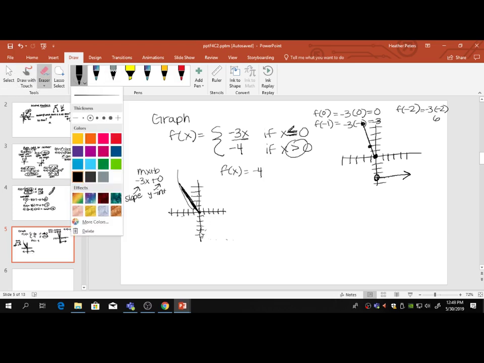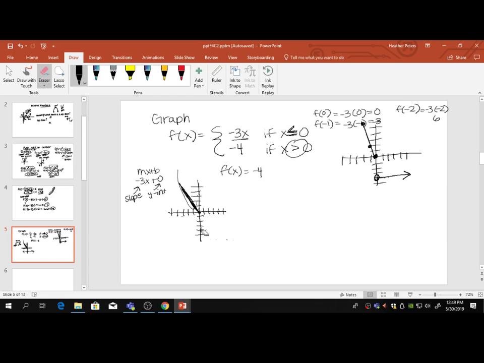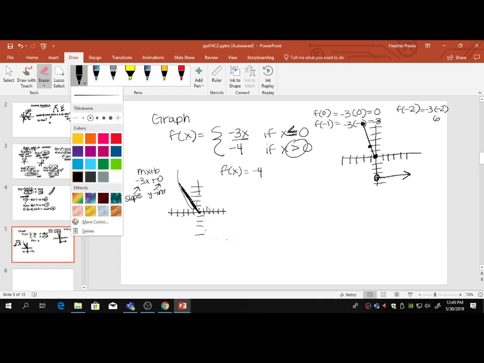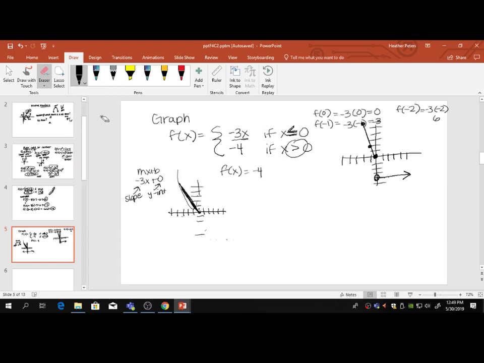Okay, this machine is not working very well. Okay, and then since I don't want to include 0, I'm going to put an open circle there. So either way you'd like to do that is okay. But you'll notice they never overlap because then it wouldn't be a function. So wherever it ends, that's where it has to start for the next part of the graph.